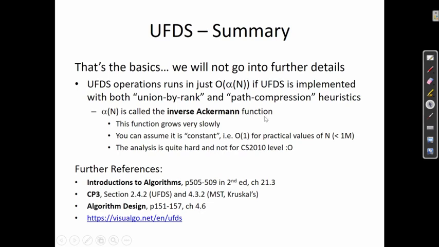Why? Because after some time you can imagine that all the trees are just one level. So each of my operations is just like one constant operation. For all practical purposes, it's one time. Analyzing it is actually quite hard.